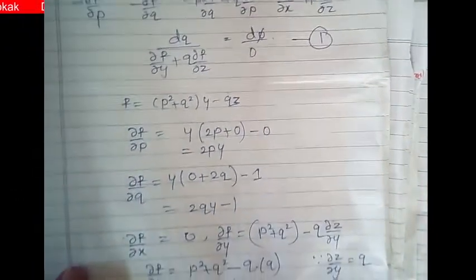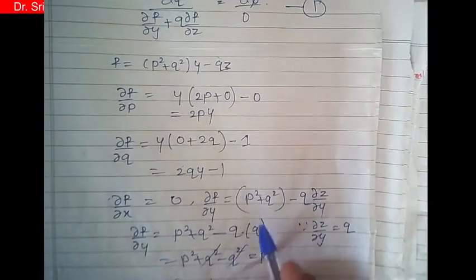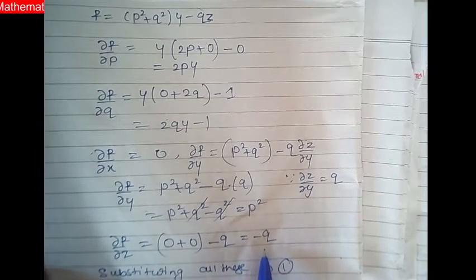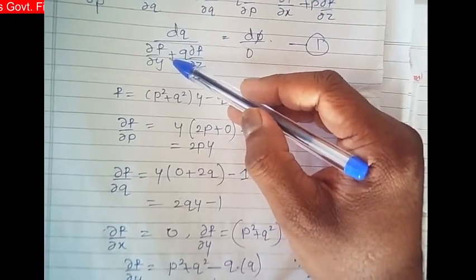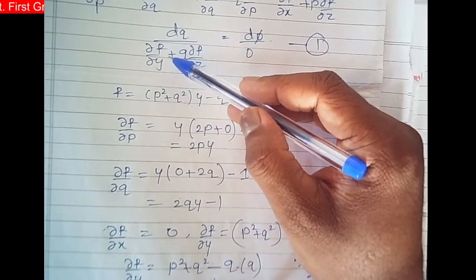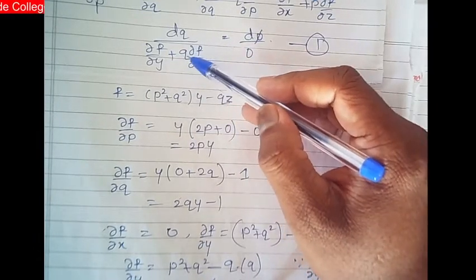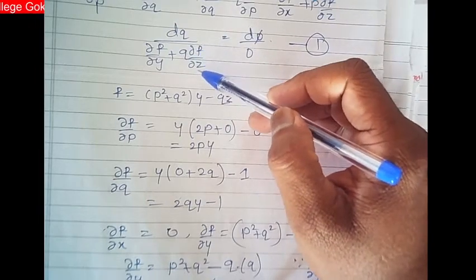So dou f by dou y is equal to p square, and dou f by dou z is minus q. So when you substitute these two values, dou f by dou y is p square, then minus q square, so it is p square minus q square.